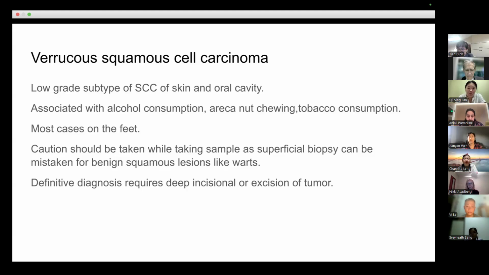One of the things that's going to help you in a small biopsy, if you're not seeing atypia, but you see a lot of proliferation, then you're not going to think about conventional squamous cell carcinoma. You're going to think about verrucous carcinoma or verruciform squamous cell carcinoma, and that's going to help them in management.